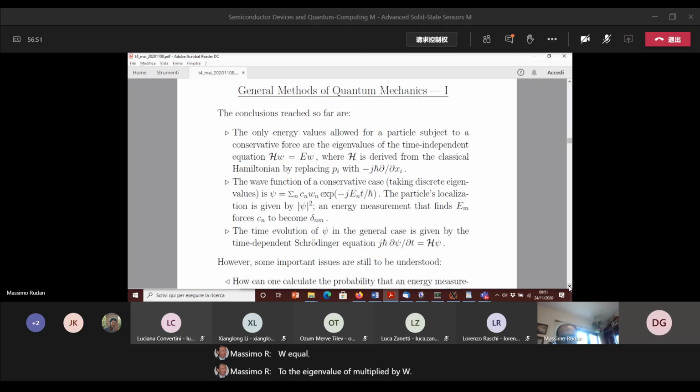And how do we derive the Hamiltonian operator from the classical Hamiltonian?